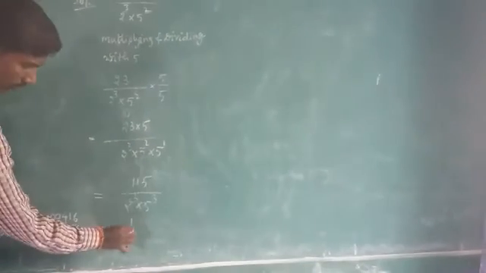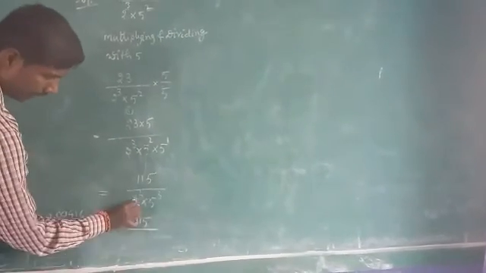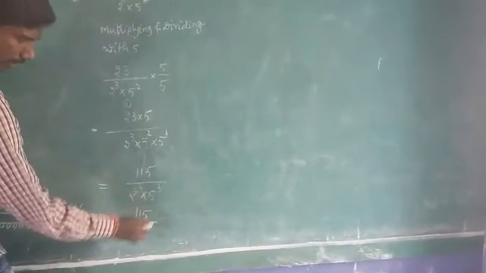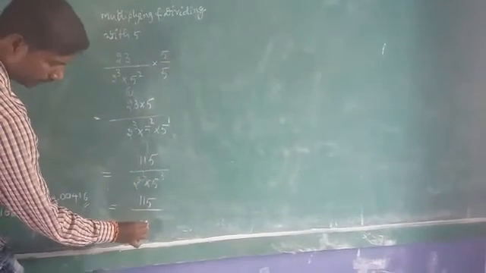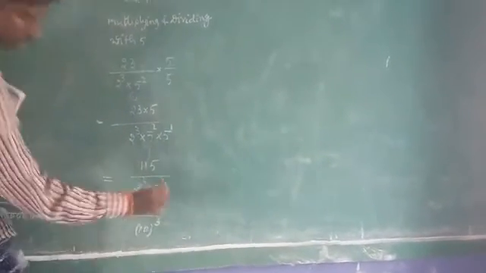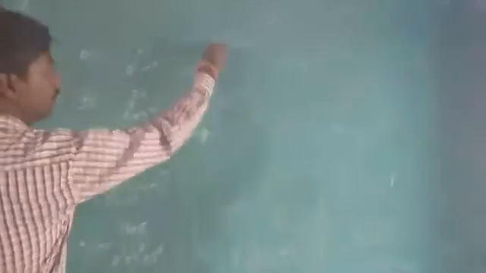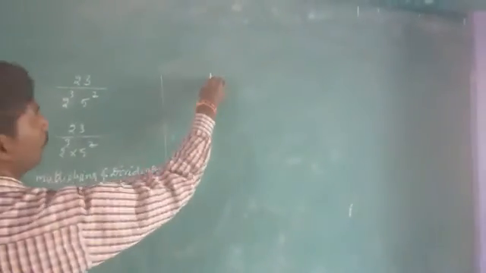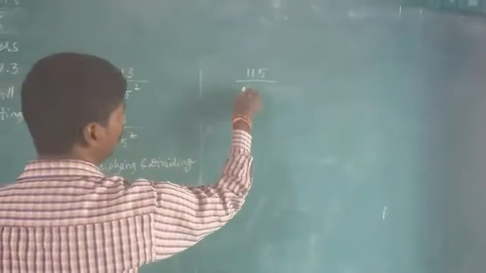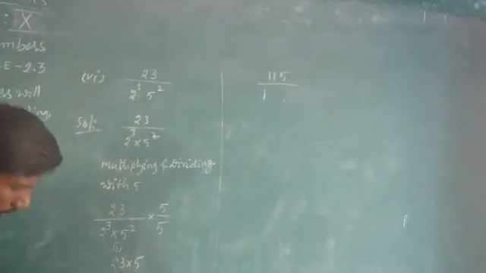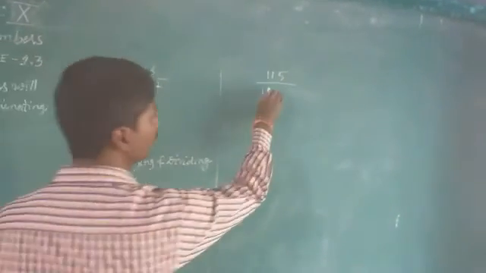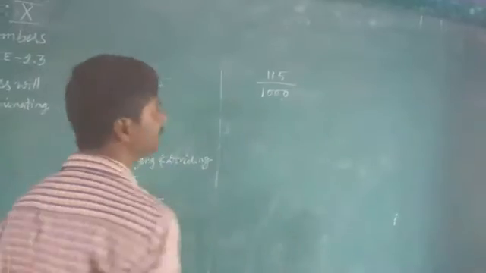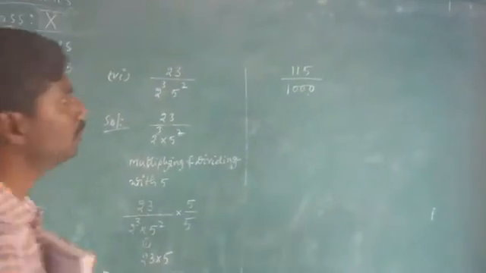Therefore, you can write 115 by 2 into 5 whole to the power of 3, because the powers are the same, you can multiply the bases. So 2 5s are 10 whole to the power of 3. So 115 upon 10 to the power of 3, means after 1 you write 3 zeros, it is 1000.